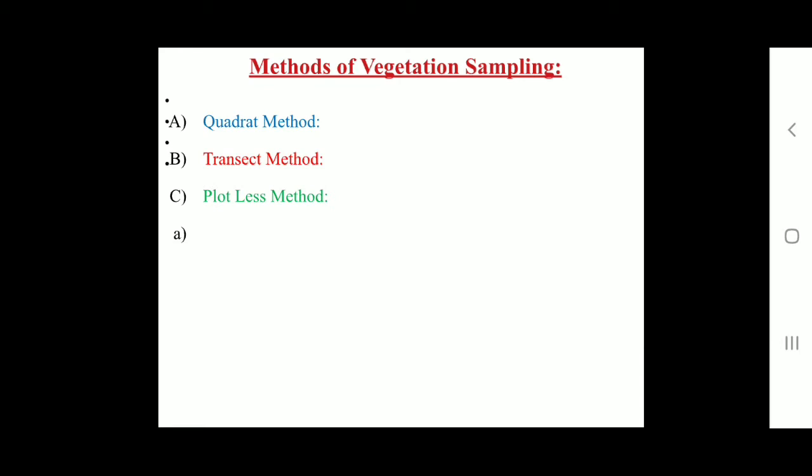Okay, then next, sampling approach. For describing the vegetation of an area, first it is surveyed to select representative stands or segments of vegetation. These surveys are important to have an overview of the vegetation and land use pattern of an area.